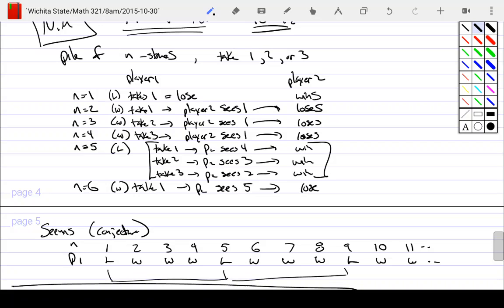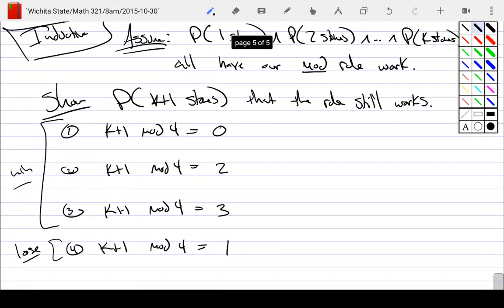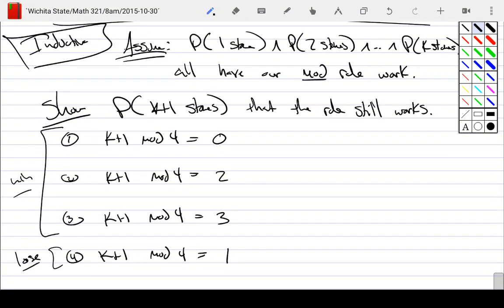A loss. For example, for what numbers do we have a mod 0? Which number is a mod 0 for the first 4 numbers? 4. What did you do for a 4? I took 3 to put them back into a mod 1, right? So what do you think I should do if I'm facing a mod 0? Take 3. So I will take 3 away.